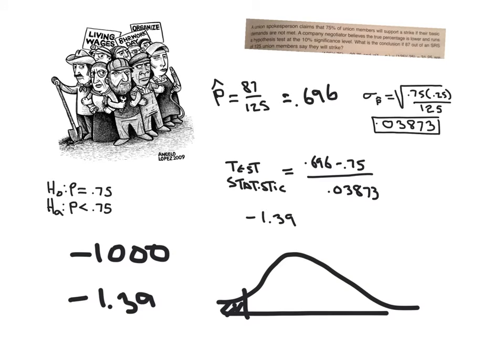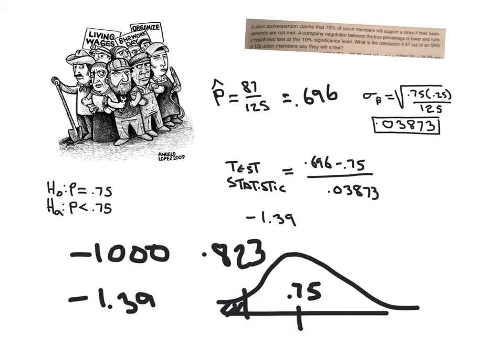So, if we go from negative infinity to negative 1.39, we just get this little area right there. And the calculator tells us that that is about 8%. So, let's write that down. That area right there is about 0.823. Okay, so what does that tell us?